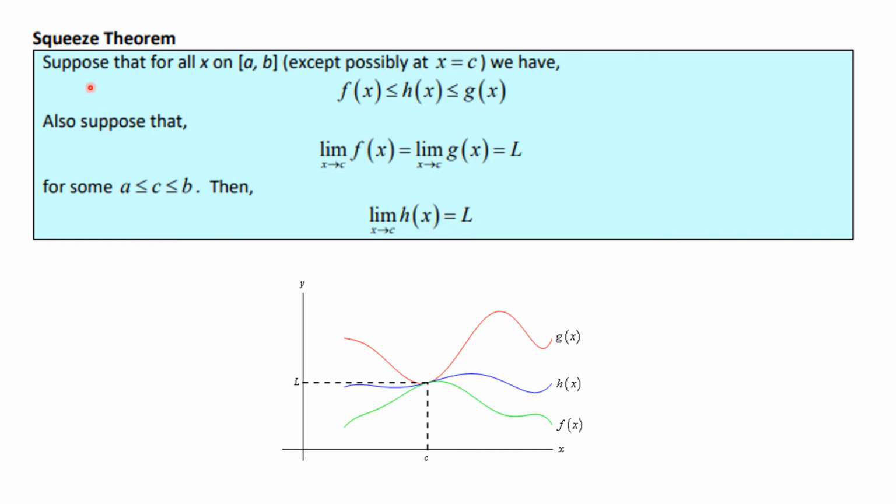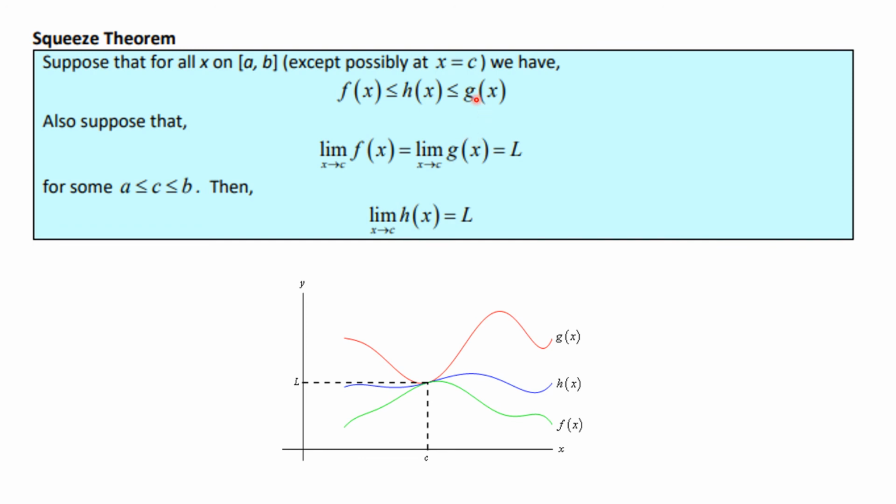Here we have, suppose that for all x on a, b, except possibly at x equals c, because again, we don't care what happens at x equals c, we only care what happens near x equals c, we have a function h of x that's caught between f of x and g of x. And also suppose that the limit as x tends to c of f of x is the same, L, as the limit as x tends to c of g of x.